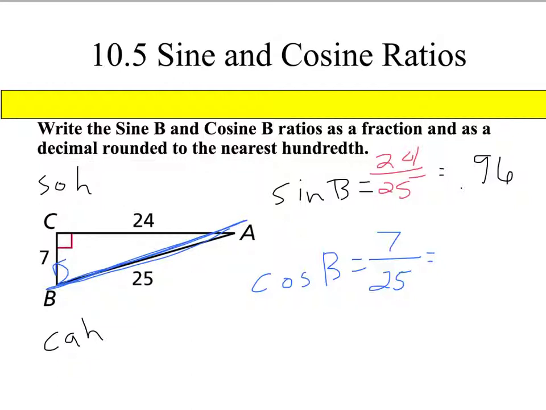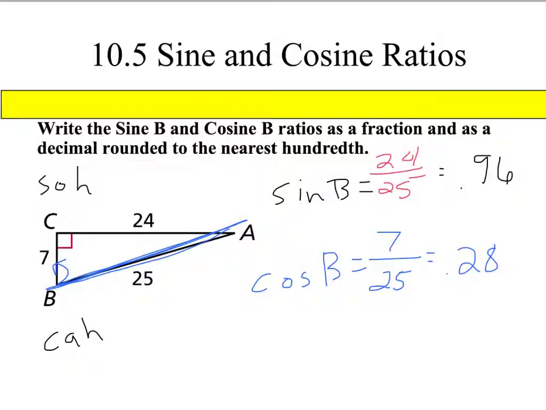Even though I may switch my angles or switch my trigonometric ratio between sine and cosine, my hypotenuse will always stay the same. I take 7 divided by 25, and I get 0.28. I do not take the cosine of 7 over 25. Take 7 divided by 25 and you will get your answer.